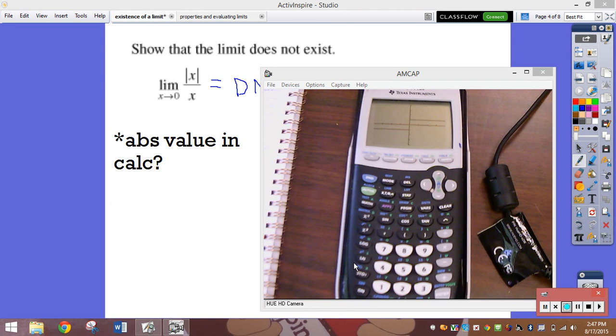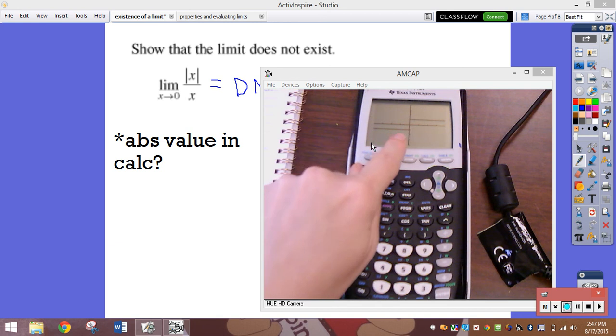I just want to take this opportunity to also discuss the importance of what X is approaching, because if this question had asked the limit of this function as X approaches, let's say, -1, if you look at the graph, as X is approaching -1, my Y values are the same from the left and from the right.